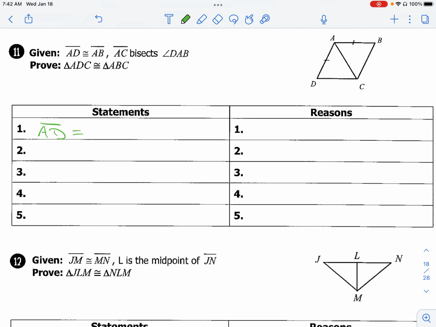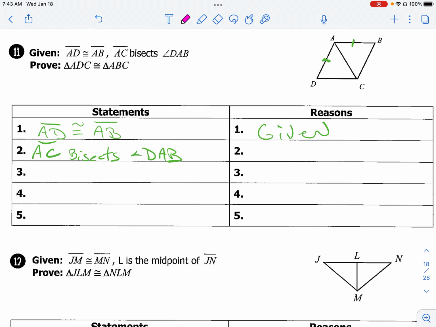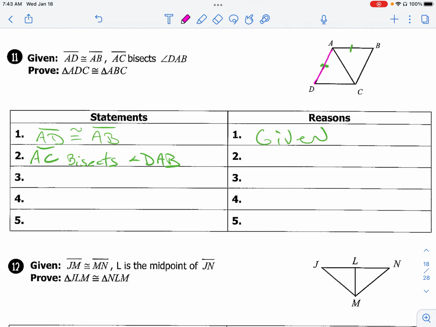All right, let's put in our givens. AD is congruent to AB. AD is congruent to AB, conveniently marked for us. That is our given. AC bisects angle DAB. DAB is right there.